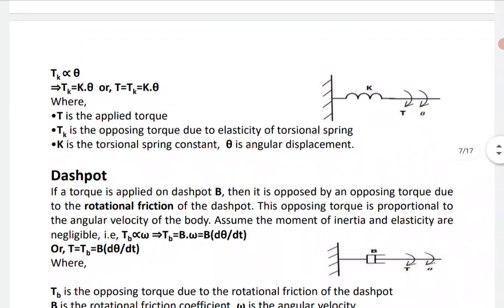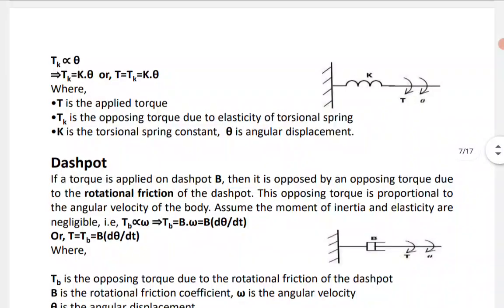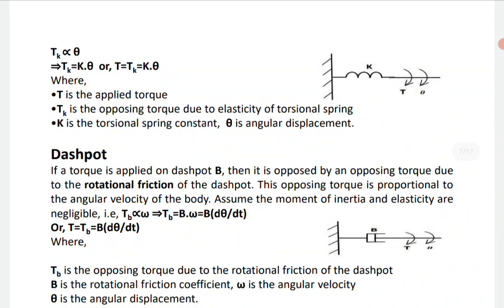From the right hand side diagram, T suffix K is directly proportional to theta, implies T suffix K is equal to K into theta, or T is equal to T suffix K is equal to K into theta. Here T is the applied torque, T suffix K is the opposing torque due to elasticity of the torsional spring, K is the torsional spring constant, and theta is the angular displacement.